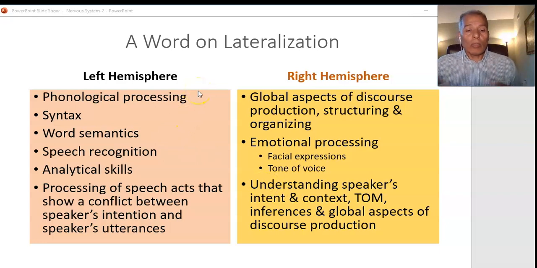Lastly, I wanted to mention something about lateralization, left and right, and especially in the context of language. We understand that we have the two hemispheres for a reason, and we need both of them. We cannot function with just one. So when you say someone is right hemisphere or left hemisphere, nowadays it doesn't make sense.